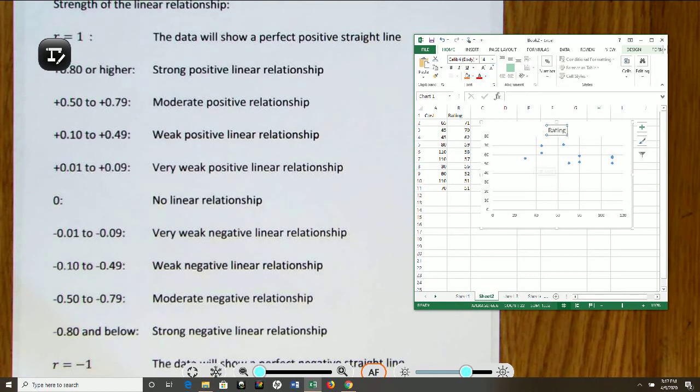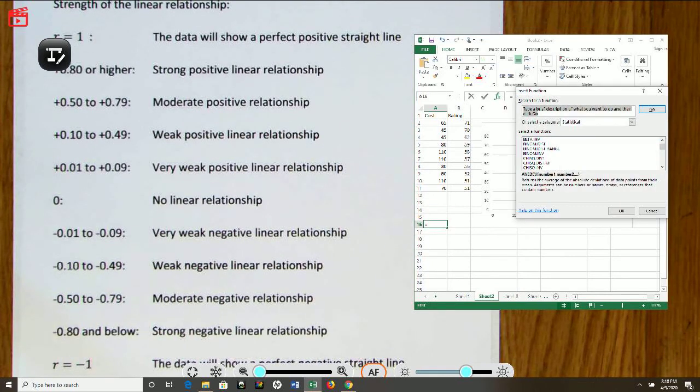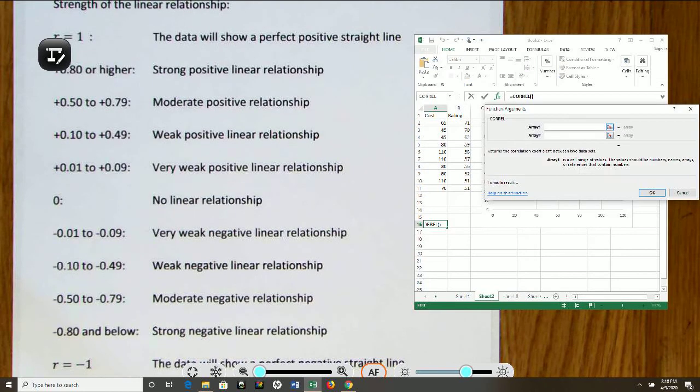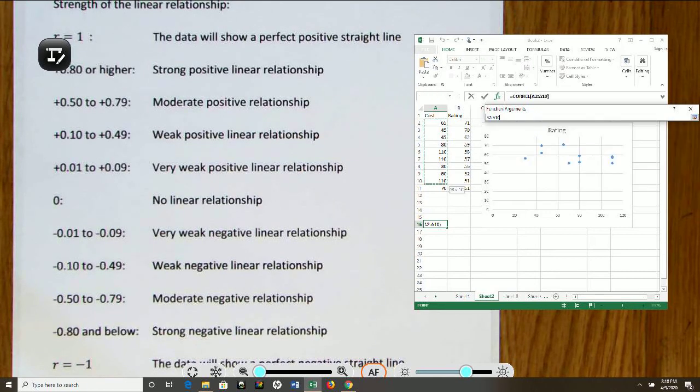So since there's not a real strong curve appearance, I can go ahead and calculate that correlation coefficient. Again, I'm going to grab an empty cell, go up into my function, go down to it is already in statistical because that's where I've been, CORREL, hit OK. See in array 1 it wants those values, so those are my x values.